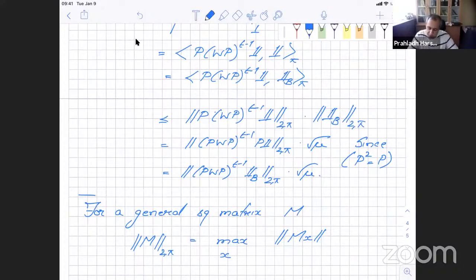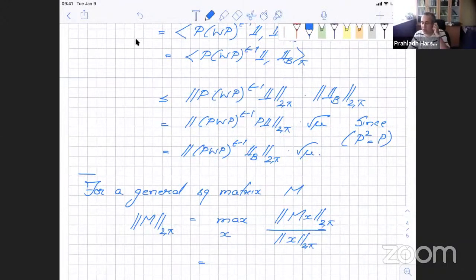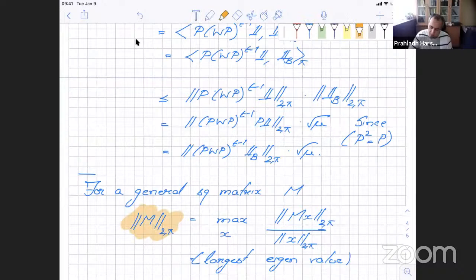This is exactly the largest singular value, or largest eigenvalue, because I'm doing it in this inner product. I'm going to define it this way.